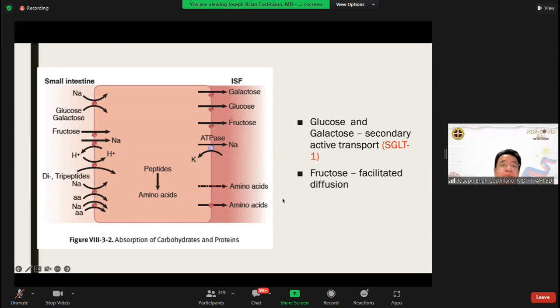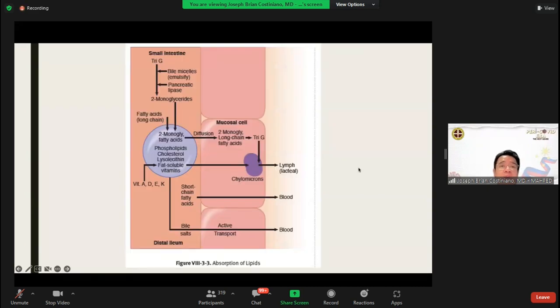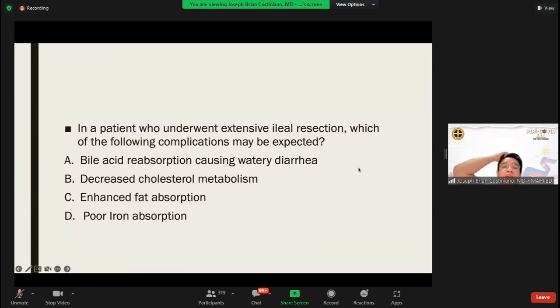Okay? Okay. So, eto naman, may tanong ako dito eh. In a patient who underwent extensive ileal resection, which of the following complications may be expected? Is it A, bile acid reabsorption causing watery diarrhea?